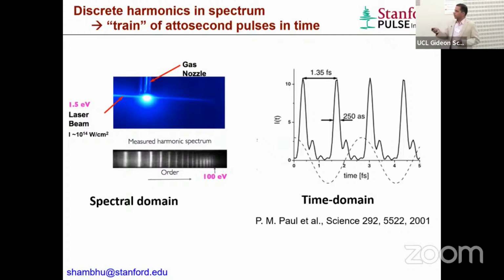And this harmonic spectrum is essentially a train of attosecond pulses, and it was the nice first attosecond pulse measurement that we also talked about yesterday, which shows basically the train of attosecond pulses in the time domain.